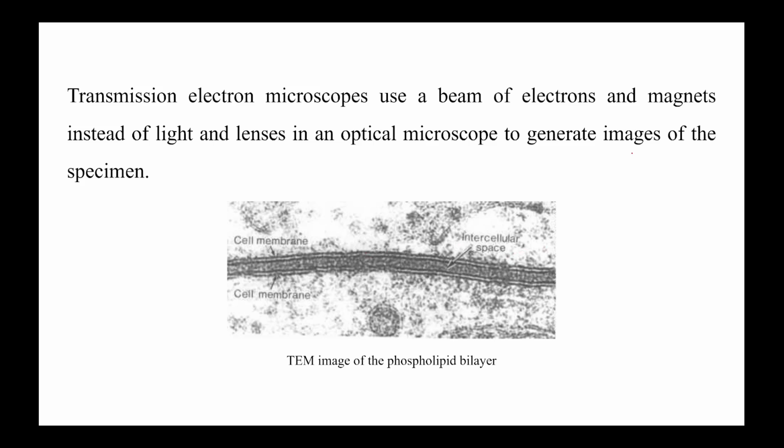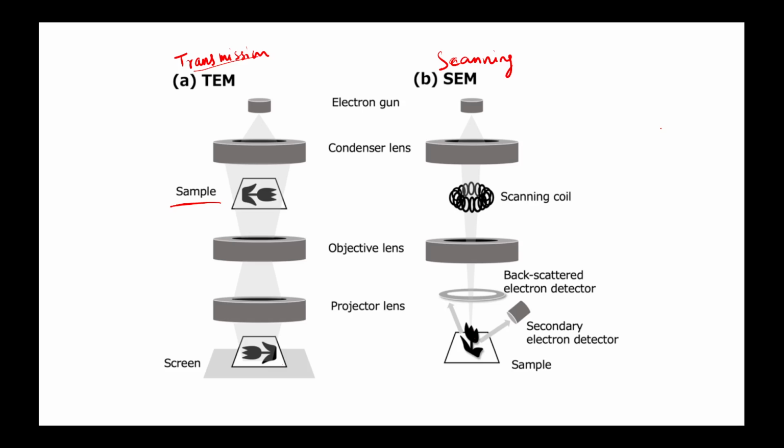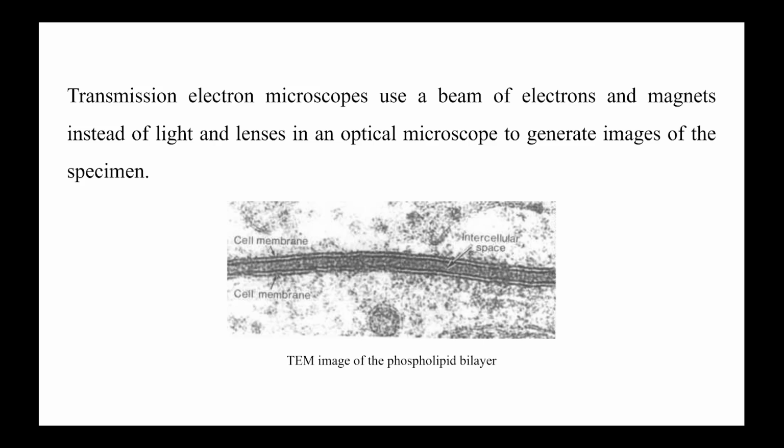So transmission electron microscope uses a beam of electrons and magnets instead of lights and lenses in an optical microscope to generate images of the specimen. Generally you have seen microscopes with a light bulb that gives light to the sample; those microscopes are called optical microscopes. We have lenses and we have lights.